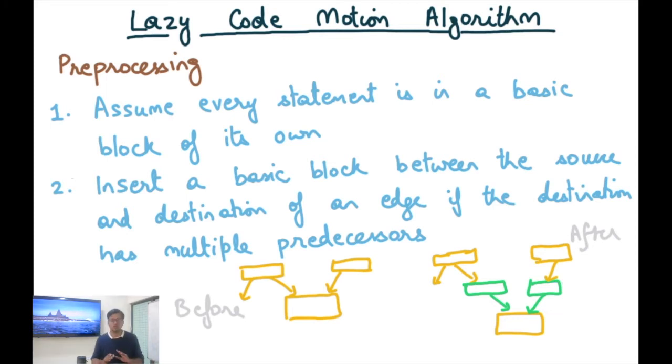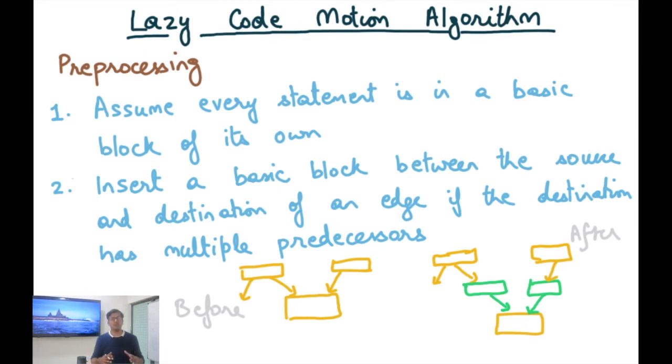And notice that this is automatically going to take care of all the critical edges, because critical edges have extra requirements. We are basically saying that any block which has multiple incoming edges should have empty basic blocks added. So that automatically takes care of all the critical edges. And these are the empty basic blocks that we may retain at the end of the algorithm if something was added to these basic blocks.